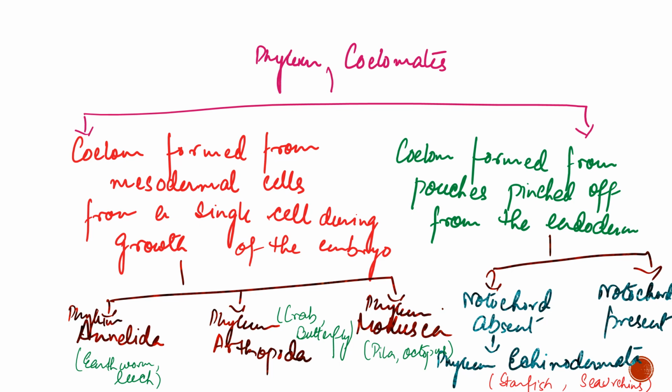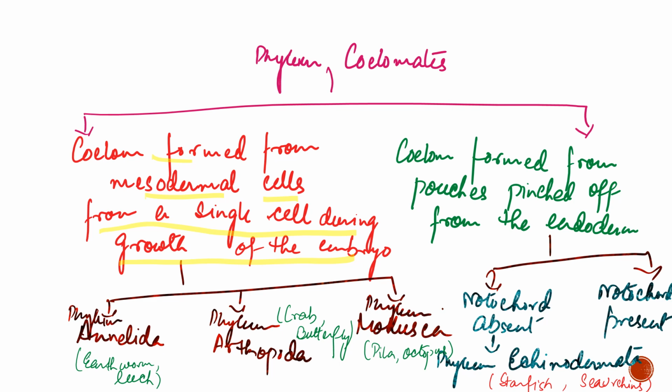Coelomates means there is a body cavity, the coelom, in the body. Under that also we have many categories. In the first category, the coelom is formed from mesodermal cells from a single cell during growth of the embryo.